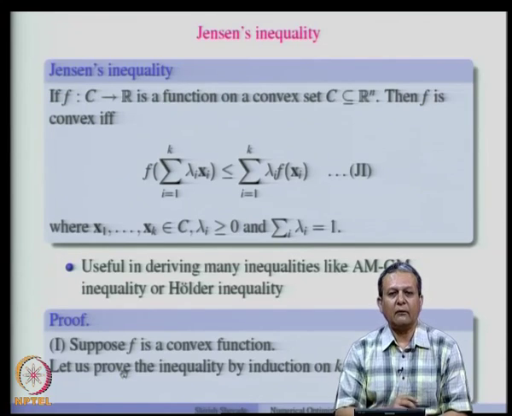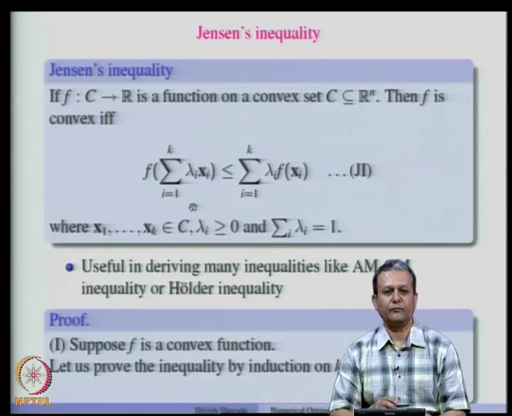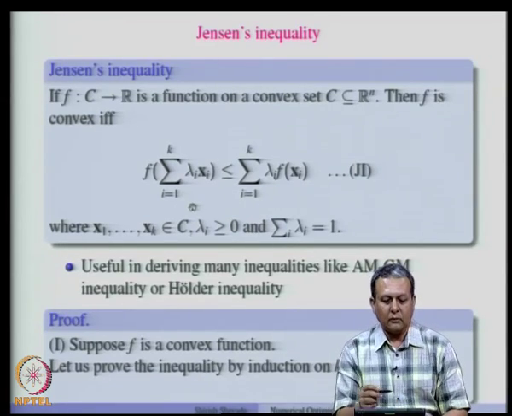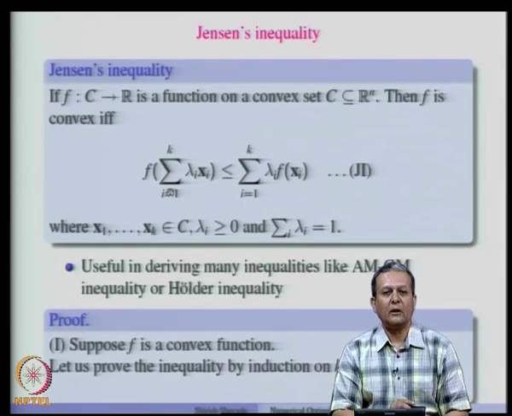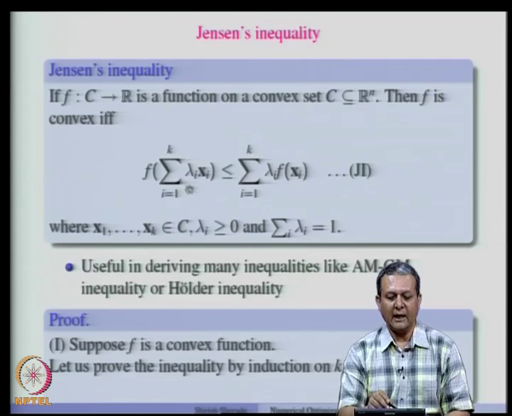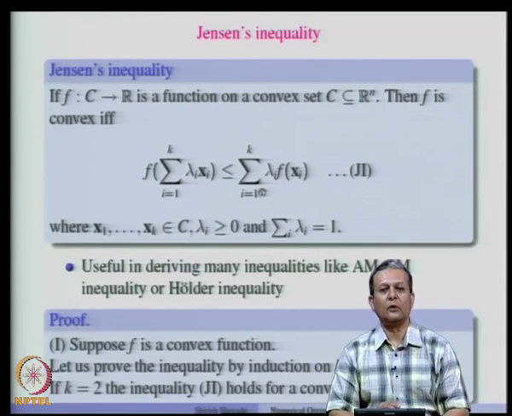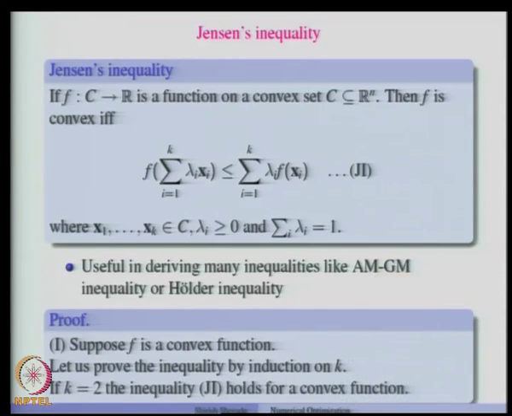Let us prove this inequality by the principle of mathematical induction on k. When k is equal to 2, the inequality holds by the definition of a convex function. So, for k equal to 2, the inequality holds for a convex function.